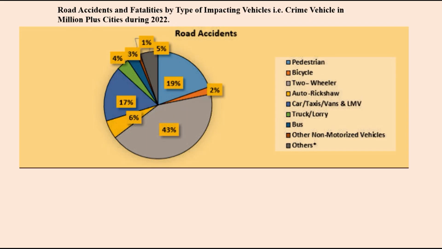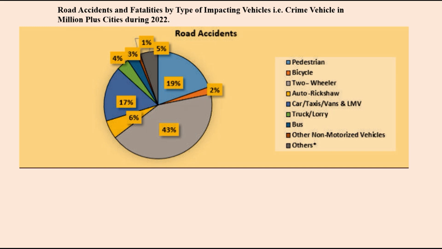Then these are the different categories of people involved in accidents. Pedestrian and two wheeler are the most: 19% are pedestrians, and in 43% of cases it is two wheelers. Cars were 17%.